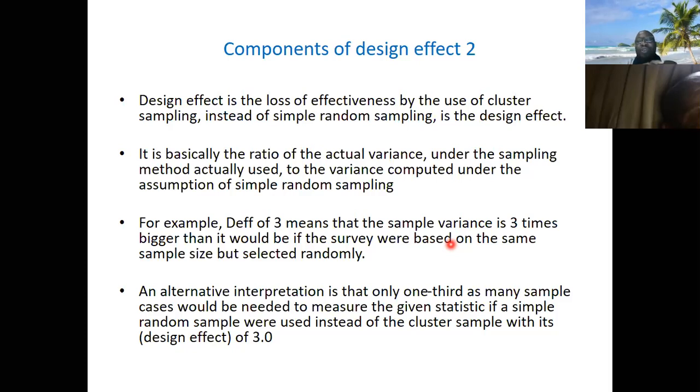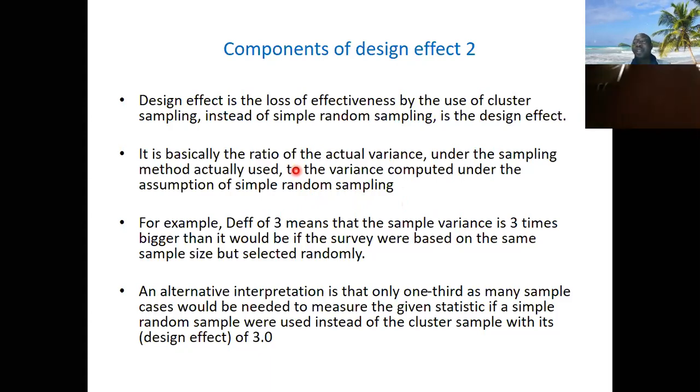It is basically the ratio of the actual variance under the sampling method actually used to the variance computed under the assumption of simple random sampling. So what it means is that you are comparing what you will have gotten if you have used simple random sampling, where you sample each person. So whoever comes is a function of chance occurrence, not that you just go to one place and gather everybody.